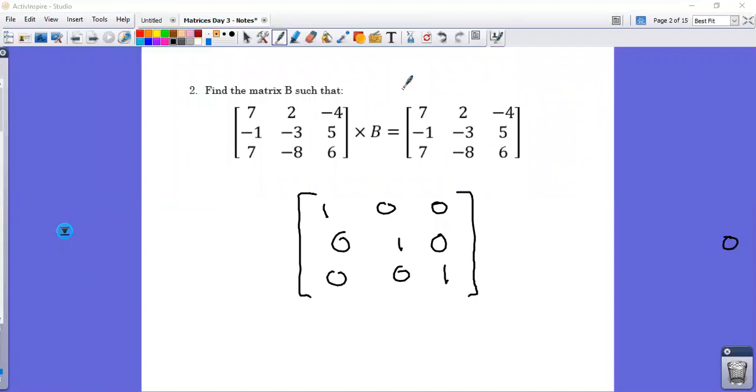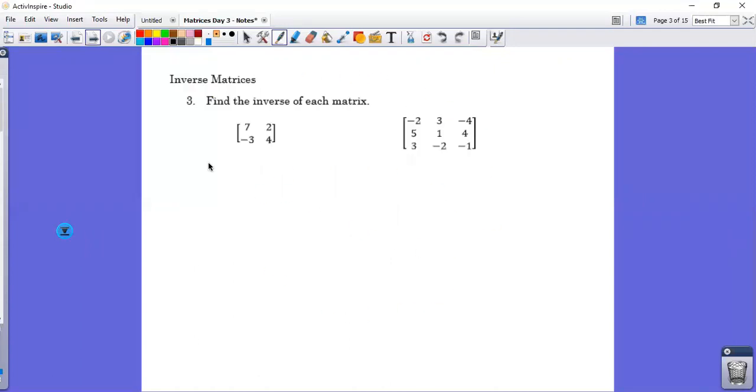And that's called the identity. It doesn't change. 2 by 2 identity, 3 by 3 identity, it has to be a square matrix. We'll use that identity in future problem solving.